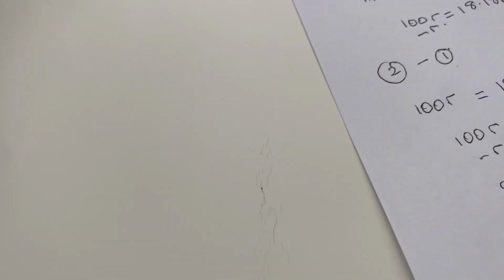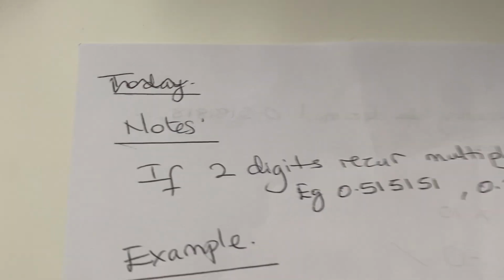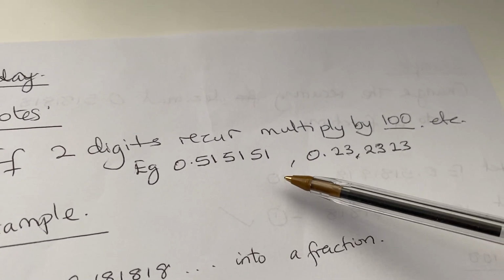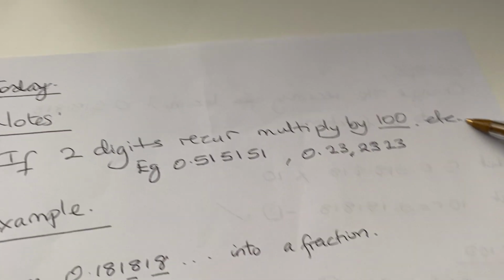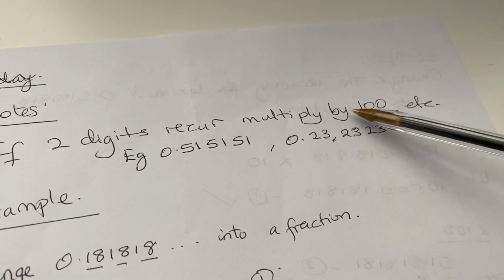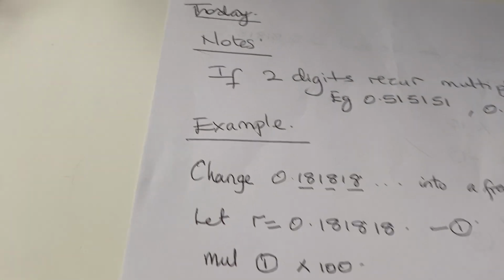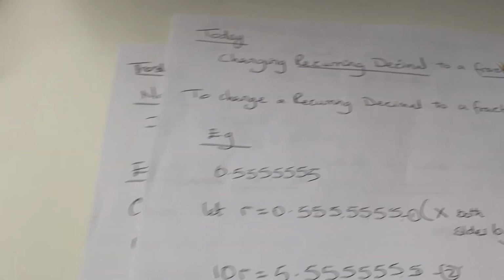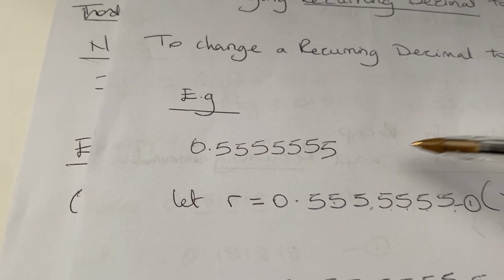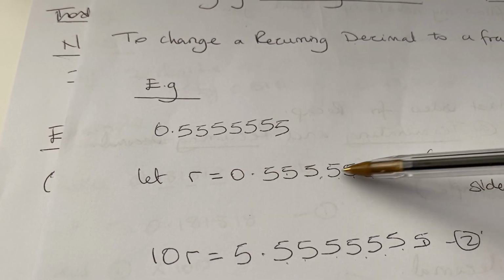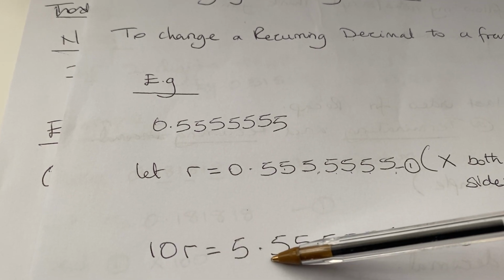Okay, if 2 digits recur, multiply by 100. So what I mean here is, you know, this is just 1 digit, 0.5555. So we let r and then we multiply by 10.